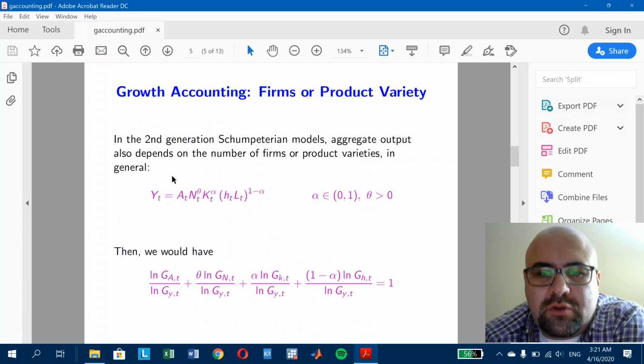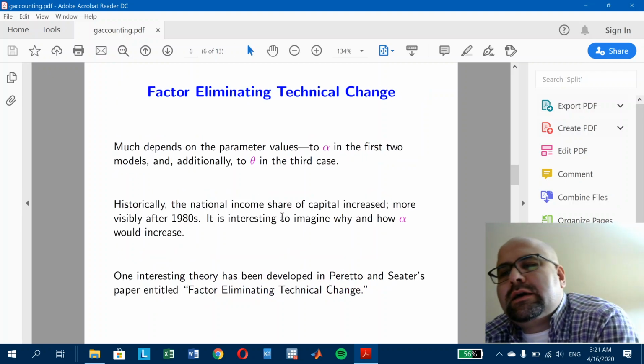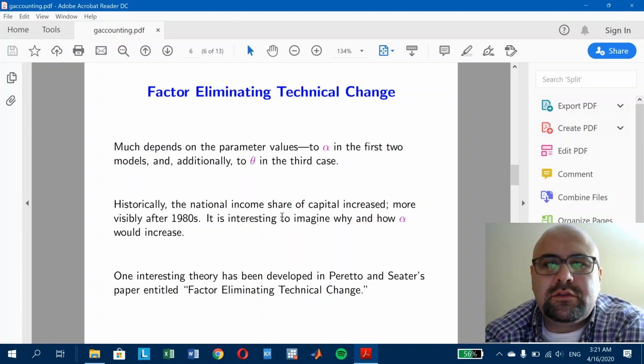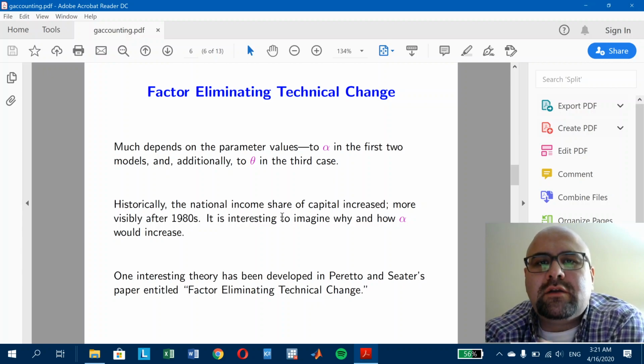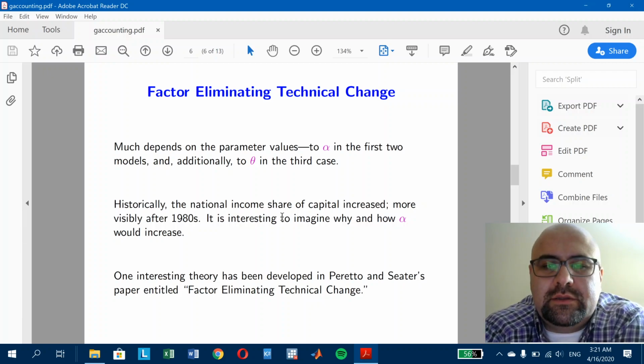But there are of course more complicated models, such as the second generation Schumpeterian models. The idea is that if you complicate your story of economic growth in the long run, then of course the growth accounting exercise you have to implement will be slightly more complicated.